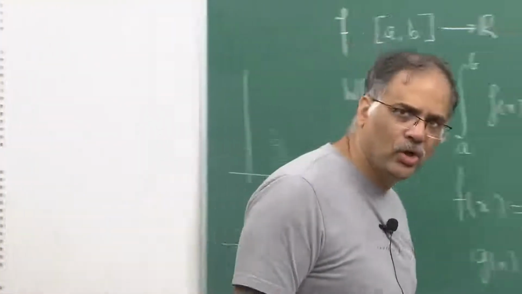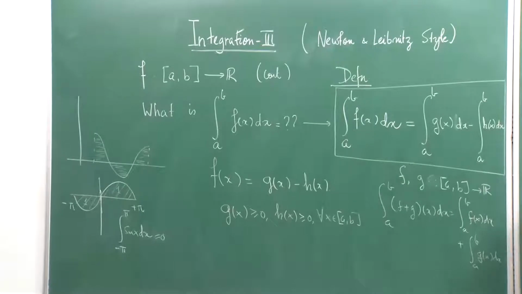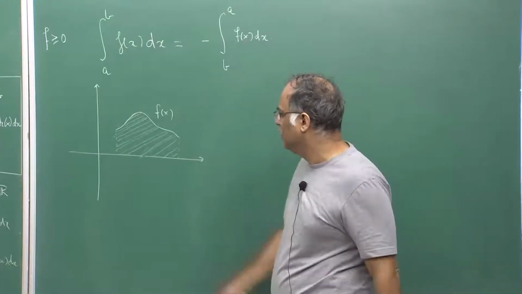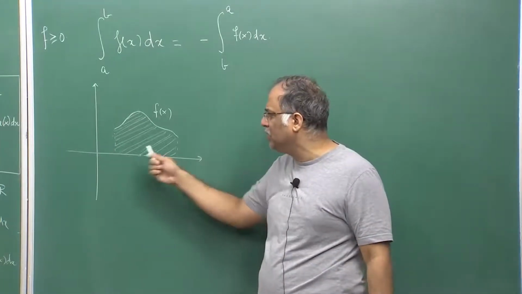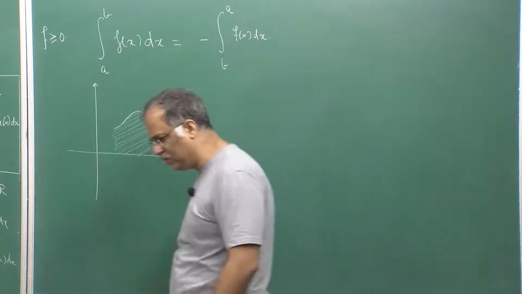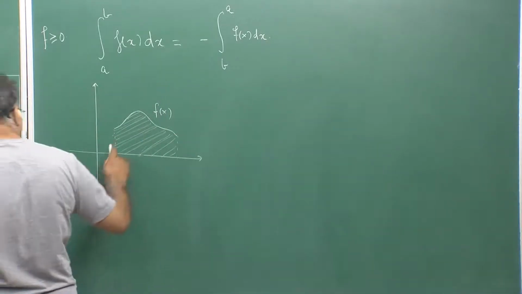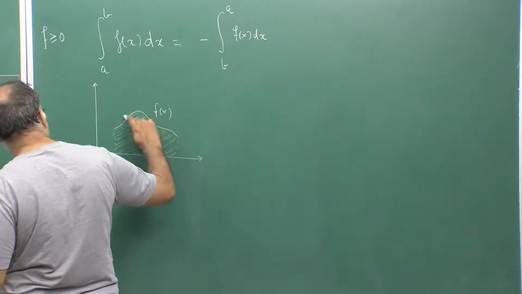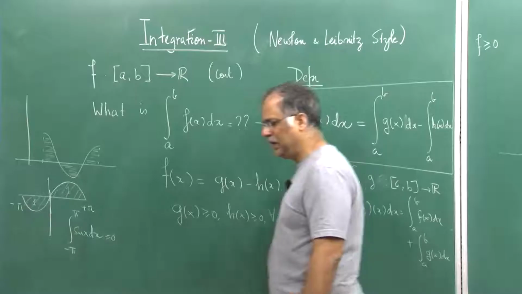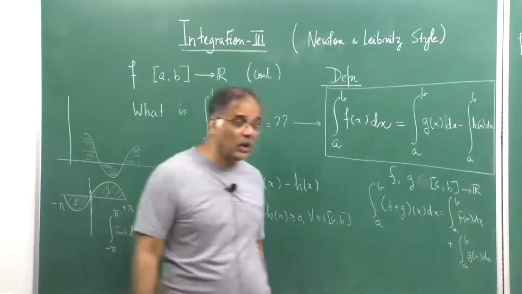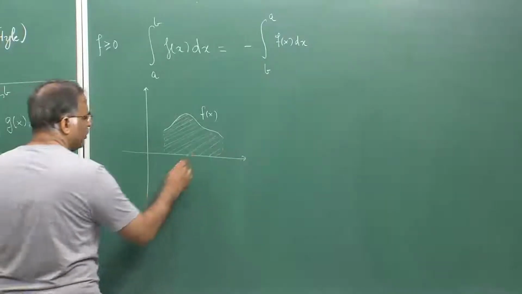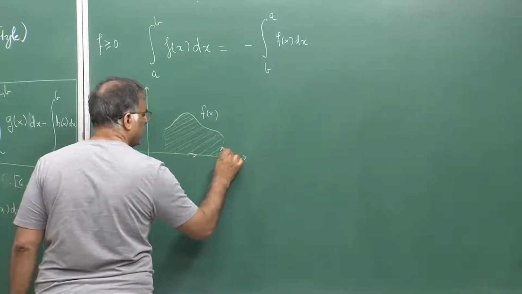So when shall I call area positive or non-negative? If I start walking on the boundary of the area, right, this is the boundary, and when I am walking on the boundary of the area in a counterclockwise fashion, means I am walking in this way, this is my walking path.